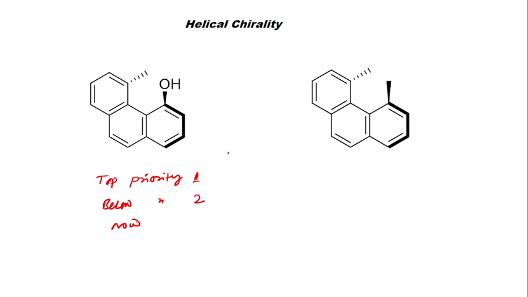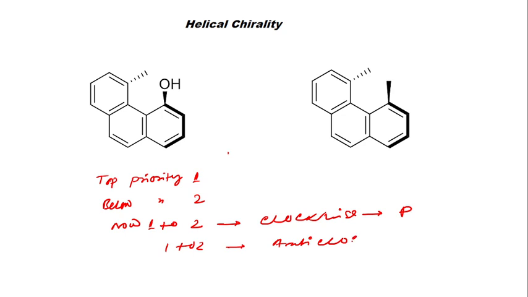Now go from 1 to 2. If this is clockwise, we'll call it P helix. If 1 to 2 is anti-clockwise, we'll call that M helix.